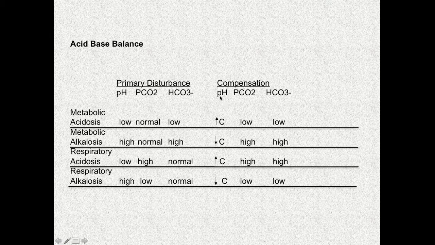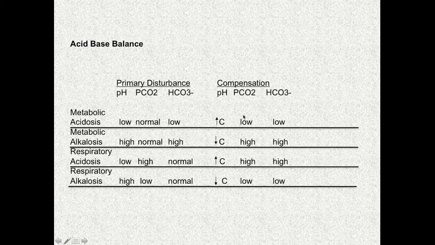Okay? But when the compensation kicks in, the pH rises. The pH is going to rise because the PCO2 is going to go down. It goes from normal to going down.